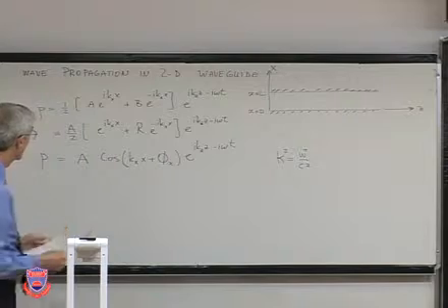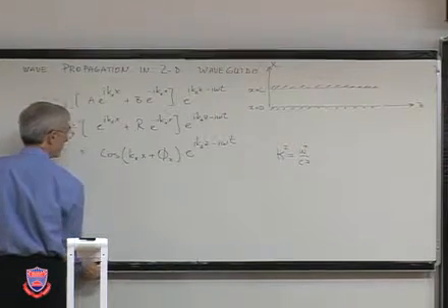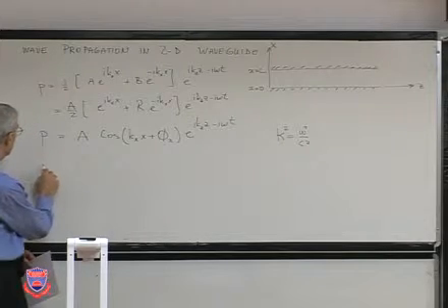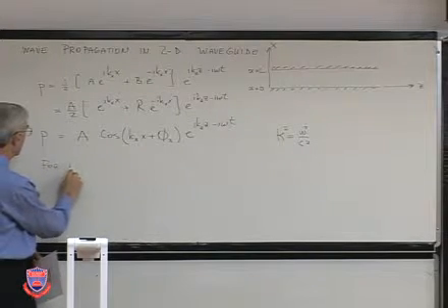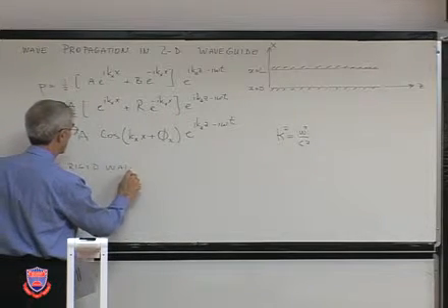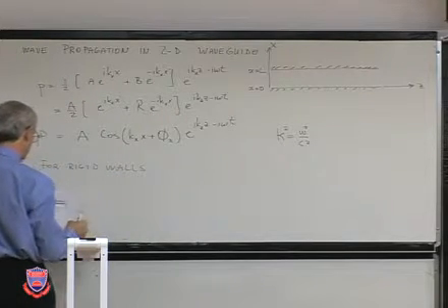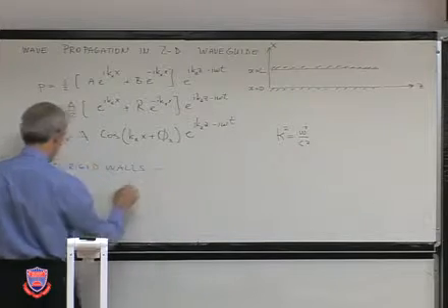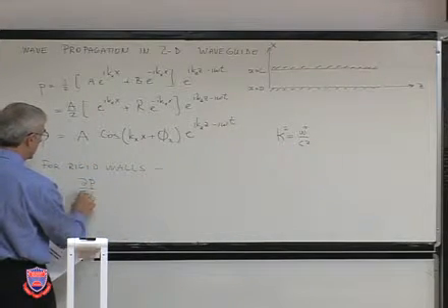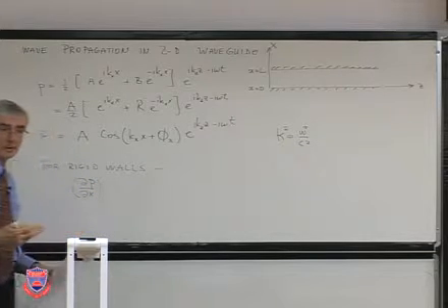Okay, now for rigid walls, the boundary condition is the particle velocity is 0.